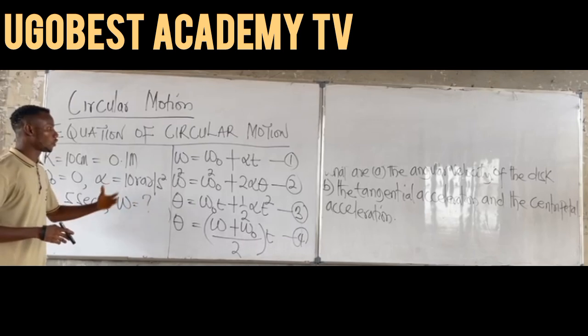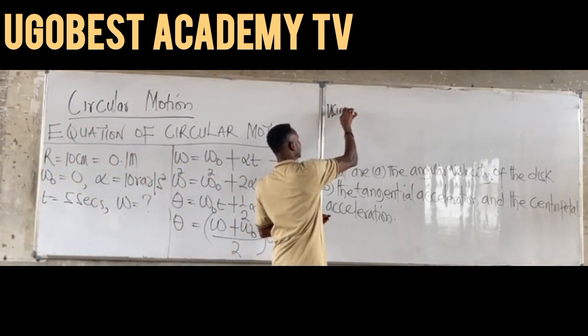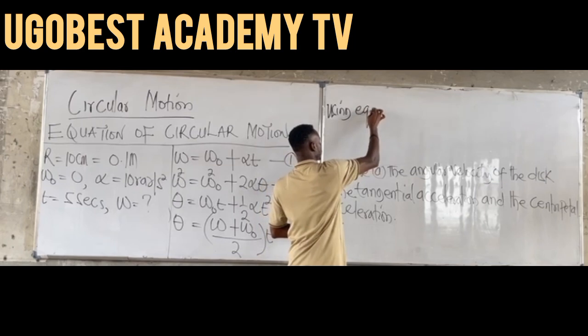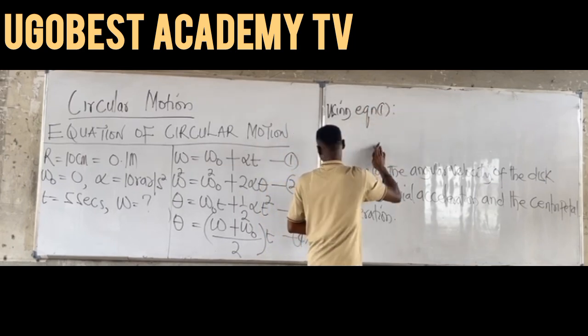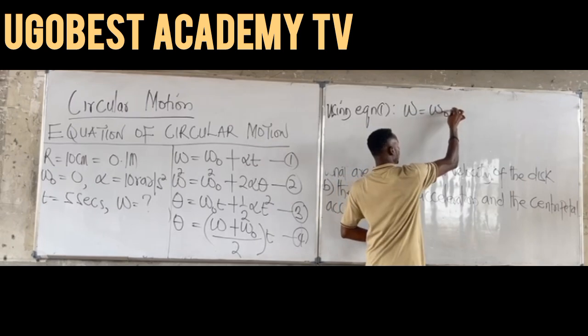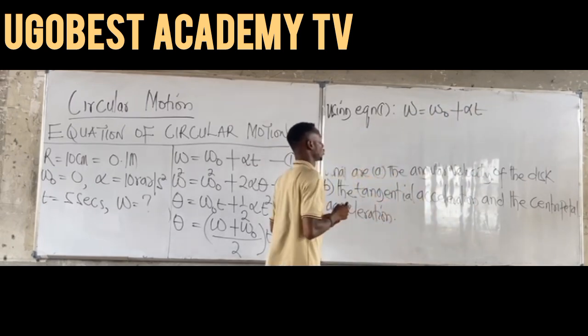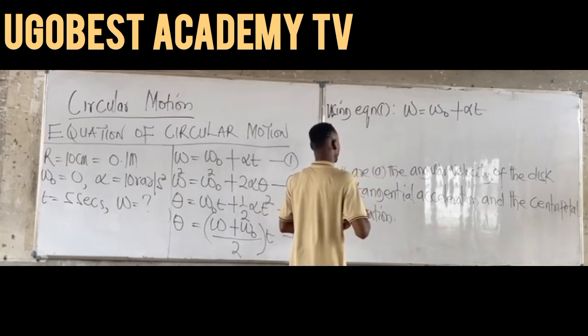Alright? Let's solve for this. We are using equation 1, that is omega is equal to omega naught plus alpha t. So let's replace this to calculate our angular velocity here.